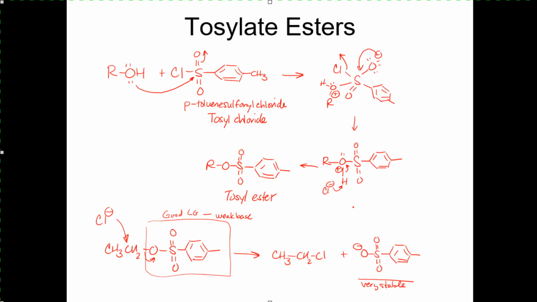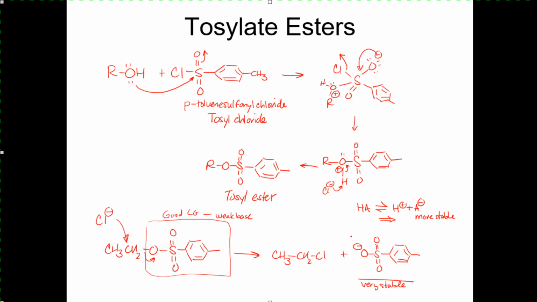And if you think about the equilibrium that we had in previous lectures, if you take the acid and dissociate it to form H plus and A minus, the way to shift this equilibrium to the right is to make the conjugate base more stable. Well, this is stable.